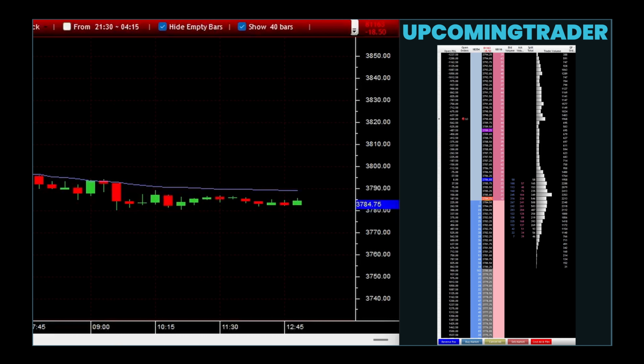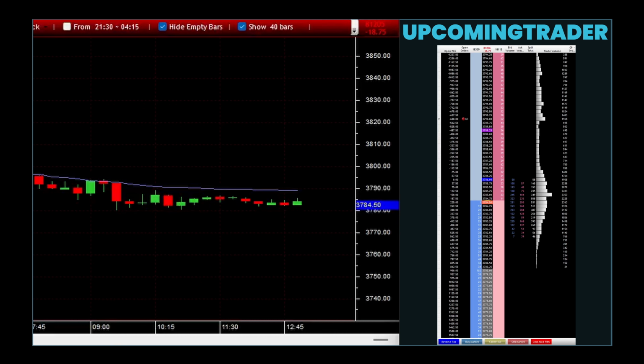Flags and pennants are identified by their small bodies, which are encased within converging trend lines. This makes them resemble their namesakes, with flags appearing more rectangular due to a short, steep price movement followed by parallel lines of consolidation, and pennants forming a small symmetrical triangle that results from converging trend lines.